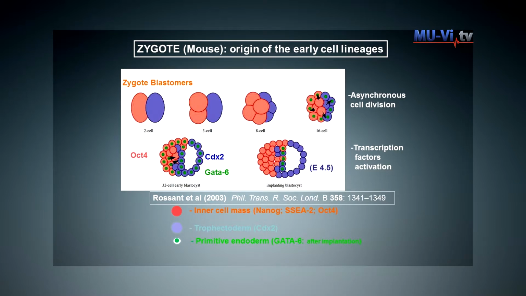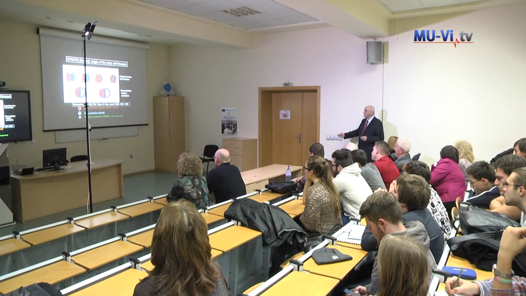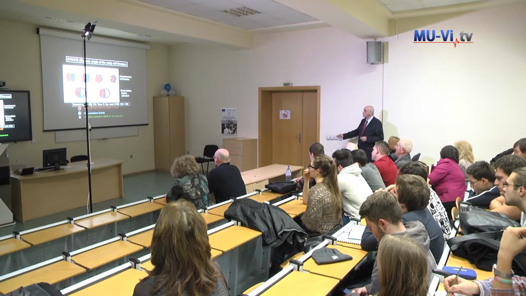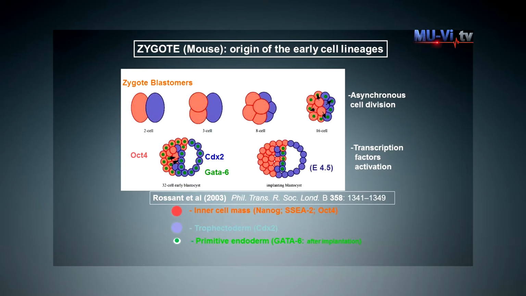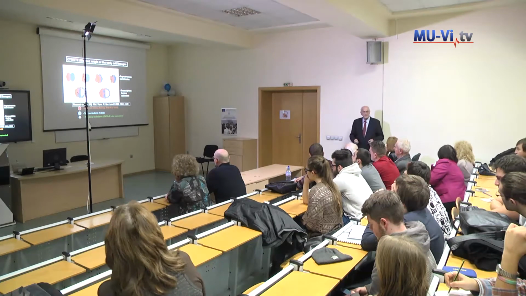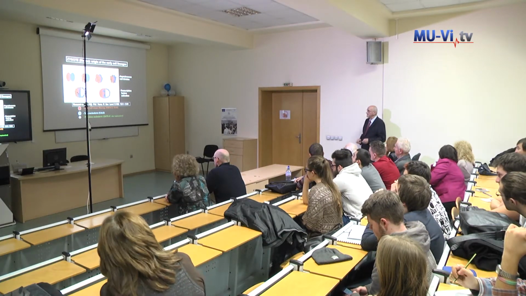This asynchronous division of cells leads also to asynchronous activation of transcription factors, and you can see that different cell types arise depending on the situation with the genetic material.